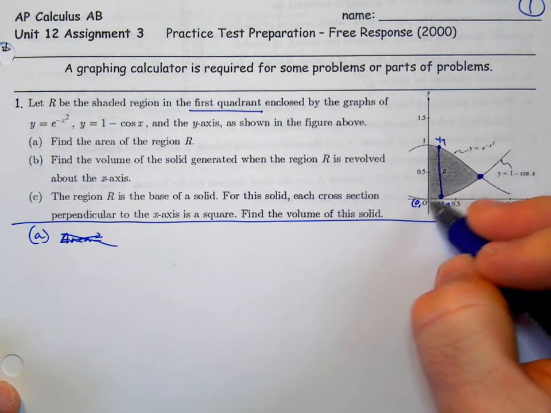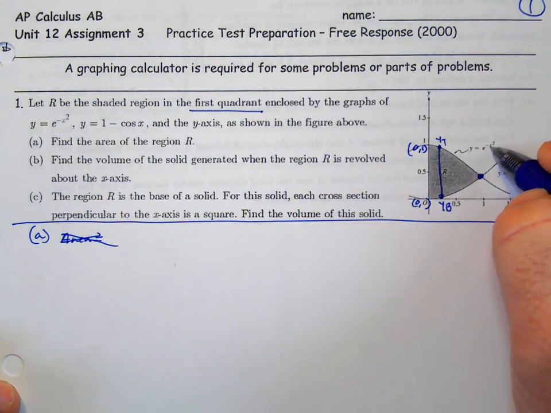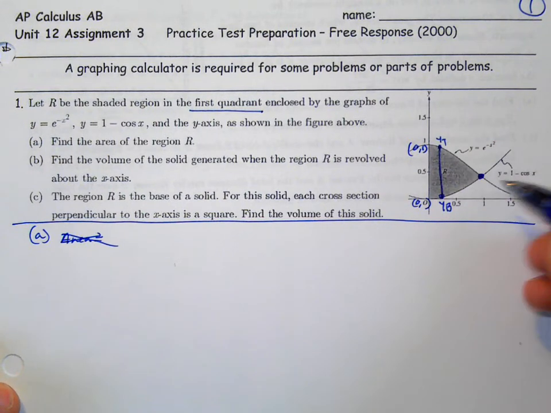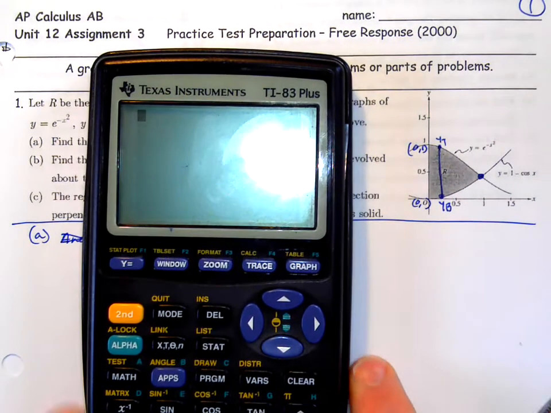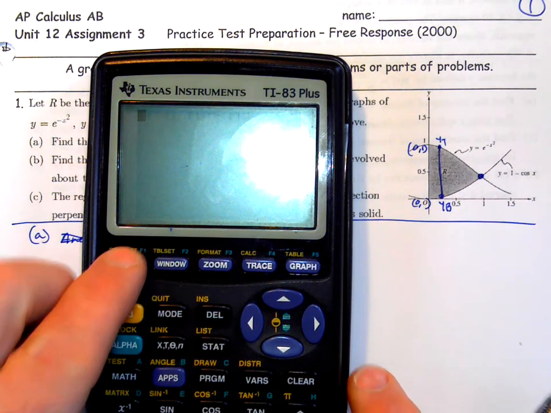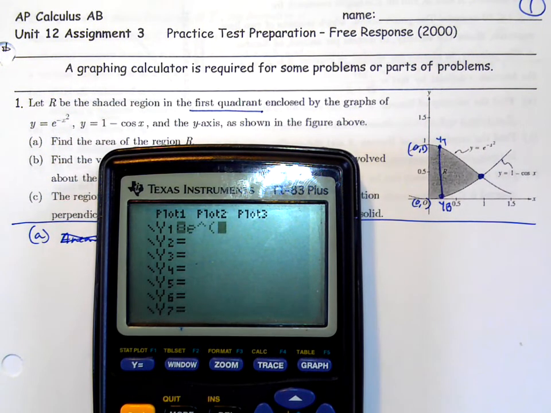So this is 0, 0. This is 0, 1. We could plug 0 into that, and e to the 0 is 1. We don't know that intersection, so we've got to find that intersection. It's up to you. I think we could just graph these, and putting these in the y menu might save us a little time later on. Anyways, e to the negative x squared, and then 1 minus cosine x.